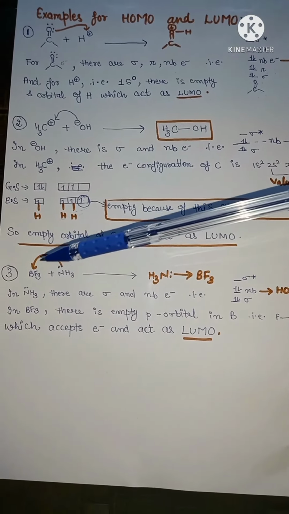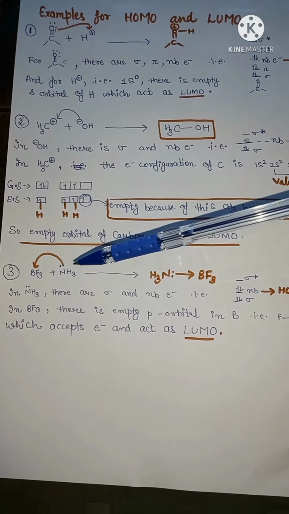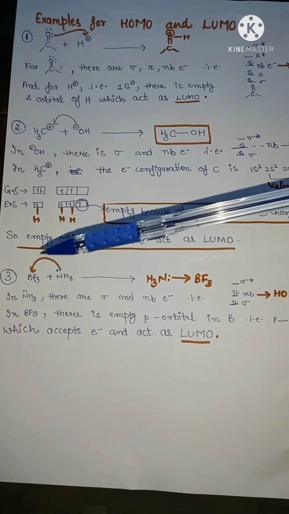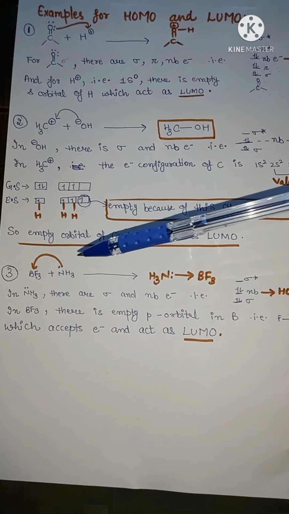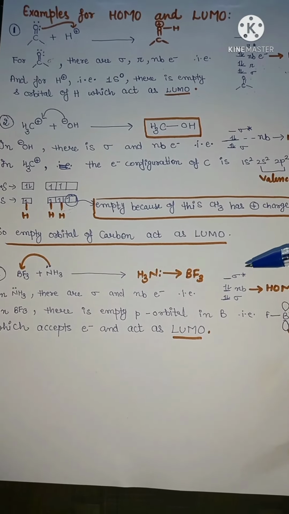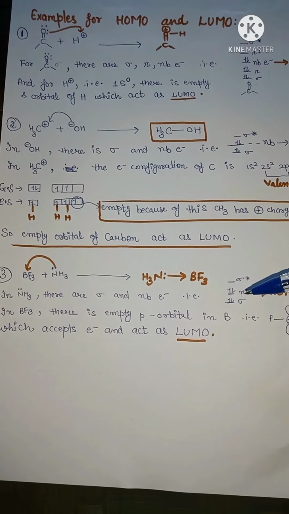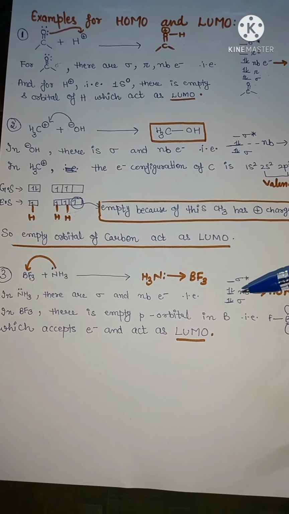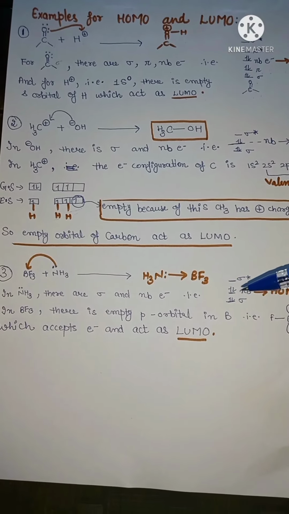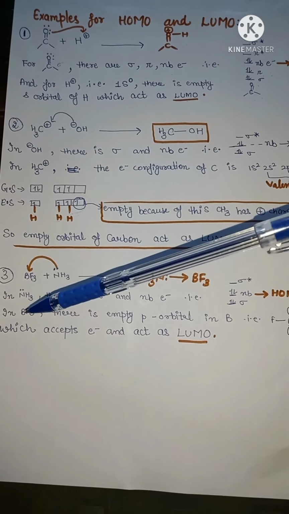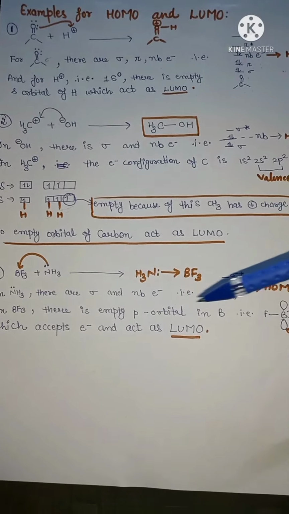In the third example, there is BF3 and NH3. In NH3, there are sigma and non-bonding electrons, and among these two, the non-bonding electron is highest occupied, so it will act as HOMO. Whereas in BF3, there is an empty p orbital.